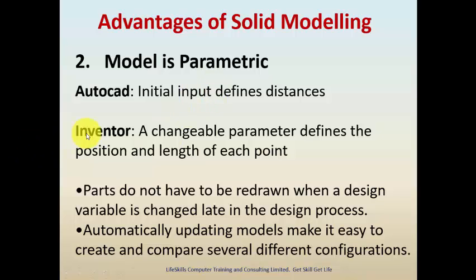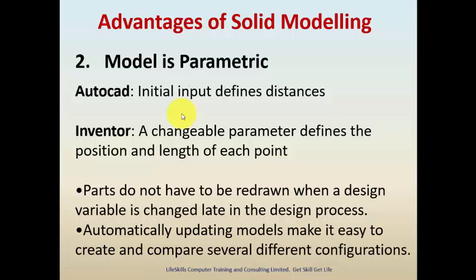For example, you draw a line. You have to give the length of the line in AutoCAD. But in Inventor, you can draw a line without giving it a length or dimension. You can come back and change the dimension. The line will adjust automatically. That doesn't happen in AutoCAD. So that's what we call parametric modeling.